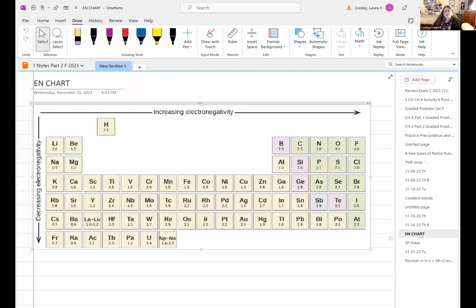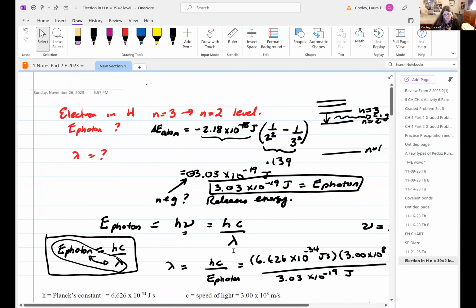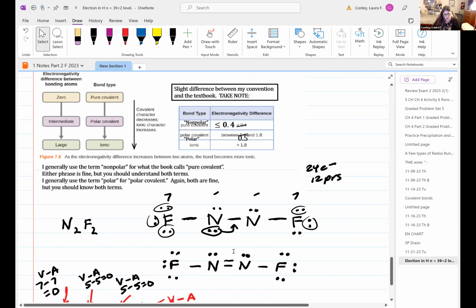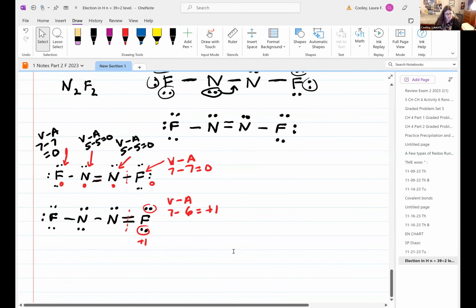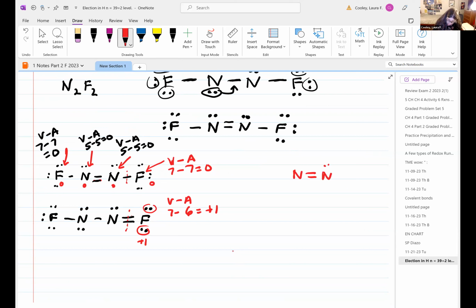Fluorine is the most electronegative element on the periodic table. It does not want a +1 charge. So this is a much better structure right here, the one that puts the double bond between the nitrogens, with each fluorine having 3 lone pairs. Much better.